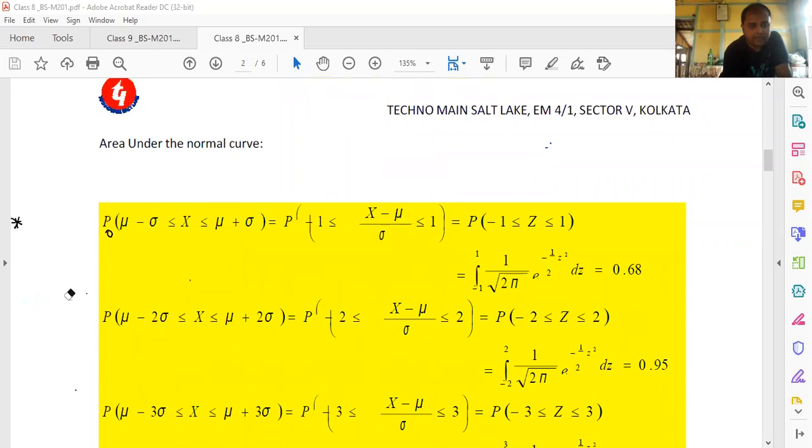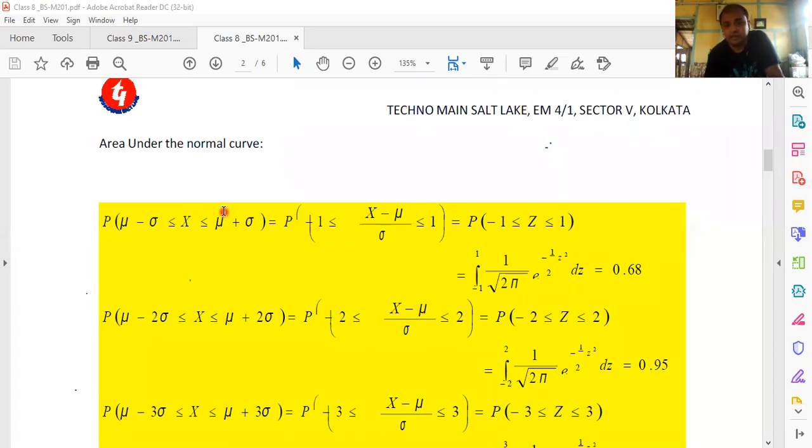I am calculating the probability that x is lying between 2 points, mu minus sigma and mu plus sigma. To calculate this kind of probability, we transform the variable x to the standard normal variable z. To do it, you subtract mu from x and divide by sigma.